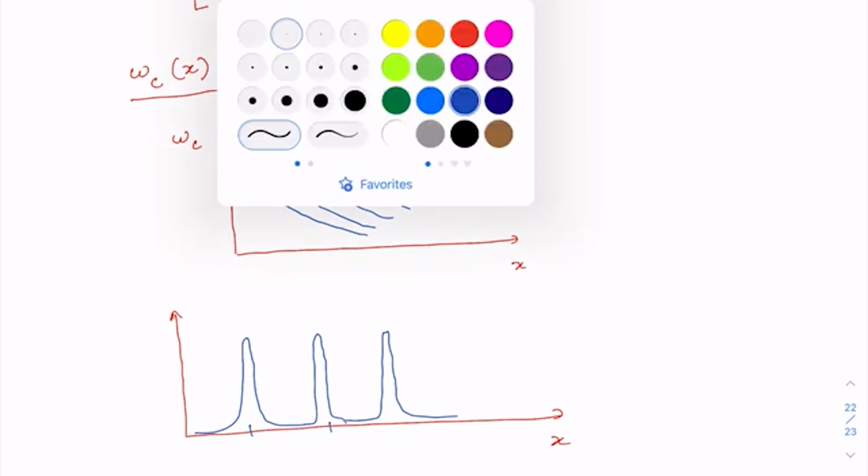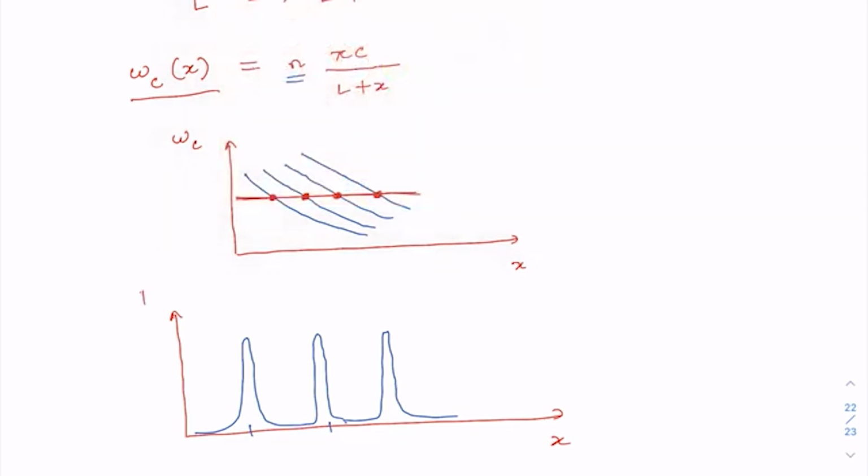Let me write radiation pressure force as F. One thing it immediately implies is that we have a strong force at the resonance positions. The force is very high.